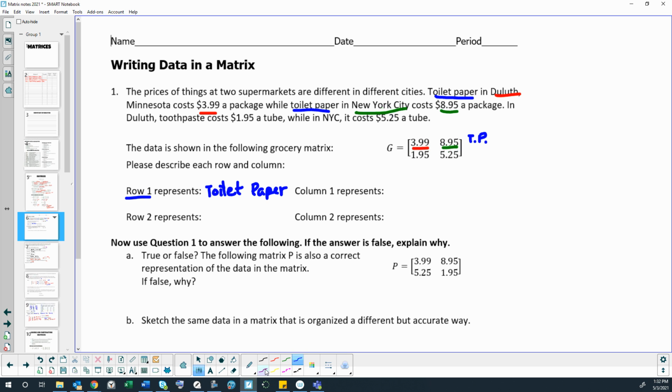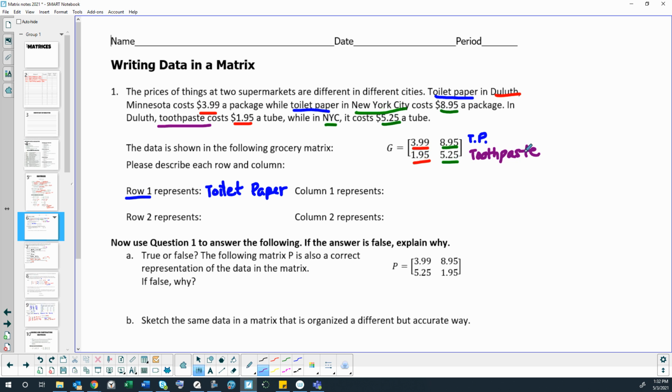Next, we have toothpaste. Toothpaste costs $1.95 in Duluth, so that's a Duluth price, $1.95. And then in New York, it costs $5.25, so that's a New York price, $5.25. So now that we have a little more detail, we know that this second row is representing toothpaste cost.